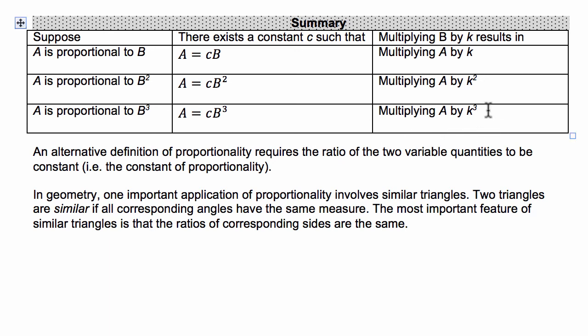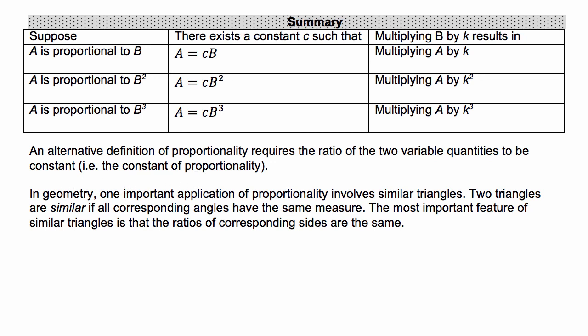We noticed this in example 8. In that example, we multiplied the length of a box by 2, and the volume was multiplied by 2 cubed, or 8. Note that an alternative definition of proportionality requires the ratio of two variable quantities to be constant. We call this constant the constant of proportionality.